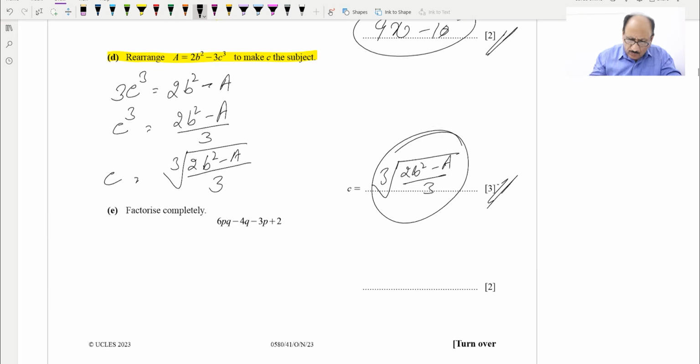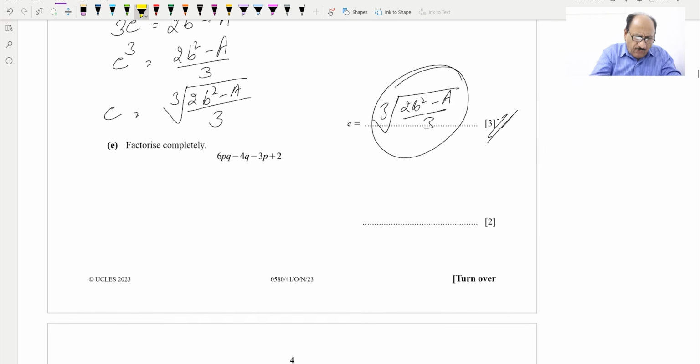Hopefully you understand. Now factorize completely. We need to make pairs. Which pairs will we be making? From the first pair we can take 2 and q common. So inside will be 3p minus 2, and from the second pair we can take minus 1 common, and it will be 3p minus 2.